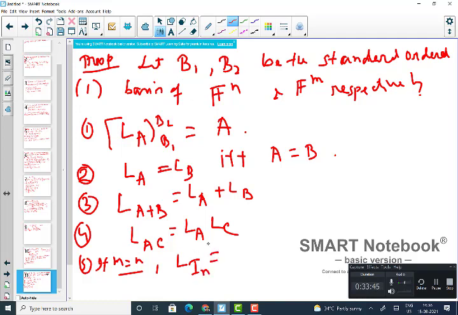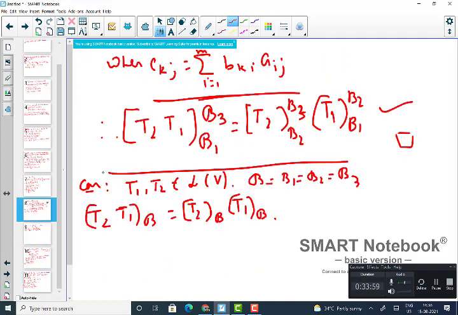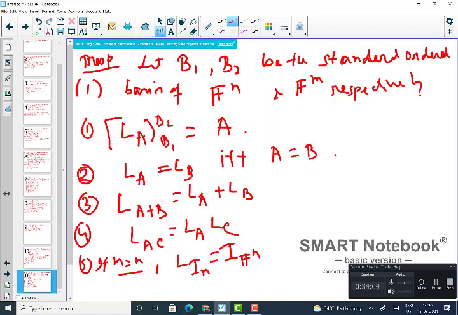This is nothing but the identity map of Fn. So this linear map becomes the identity map. So these are obvious properties you can use in these theorems. From these theorems and linear maps, you can easily prove it.